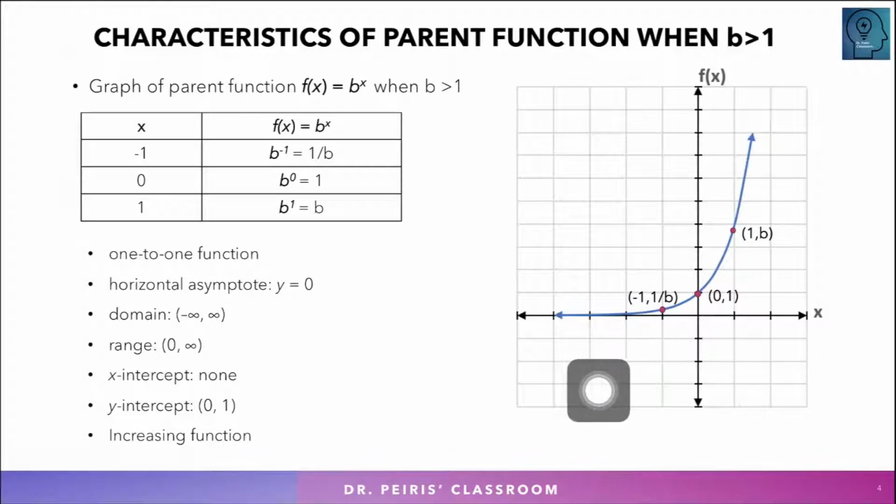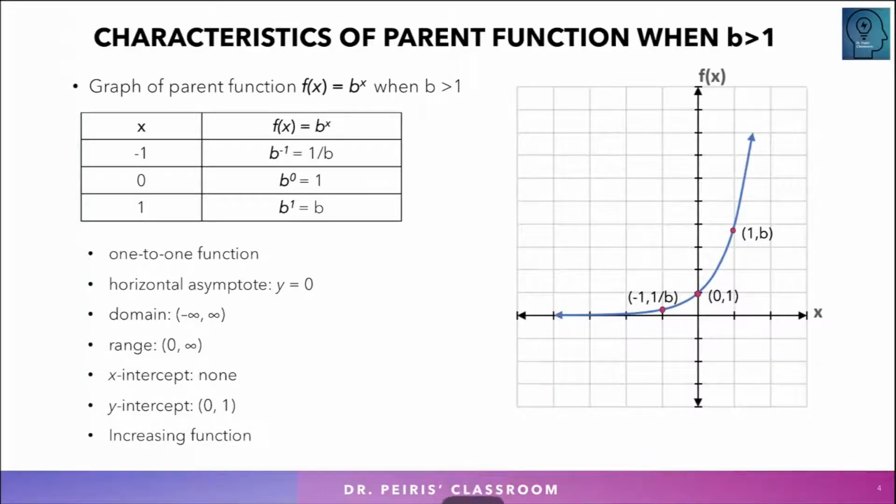And the domain: there are no restrictions on the x values that we can substitute into the exponential function. You can substitute any x value in this function, which means the domain goes from negative infinity to positive infinity. And what would be the range? There are no negative y values in this function, and all the y values approach 0 as we decrease x.